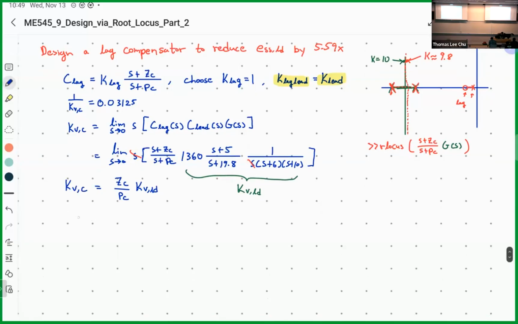Then we get this ratio KVC over KV lead, which is equal to the steady state error of the lead divided by the steady state error of the compensated system. They are flipped, by the way, intentionally, which is equal to ZC over PC, which is equal to that 5.59 ratio.